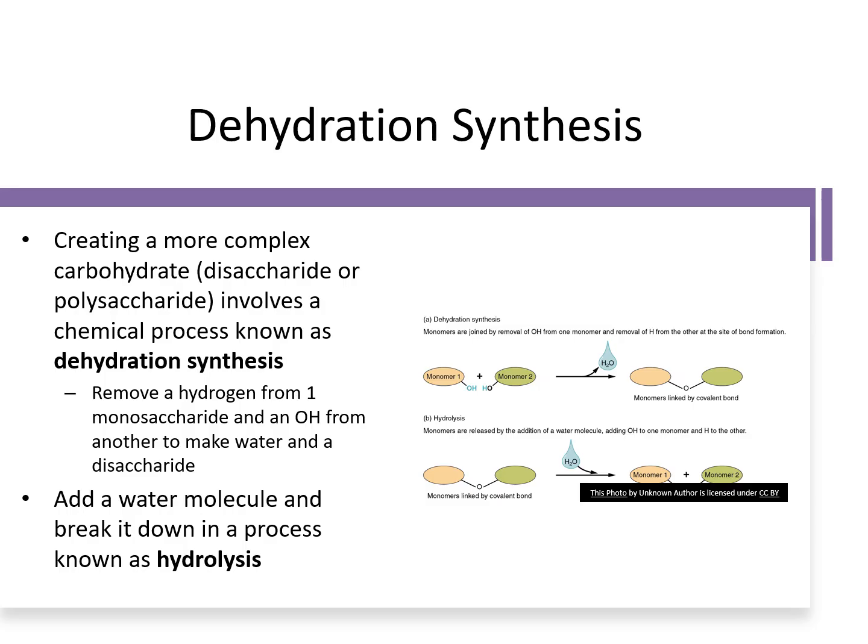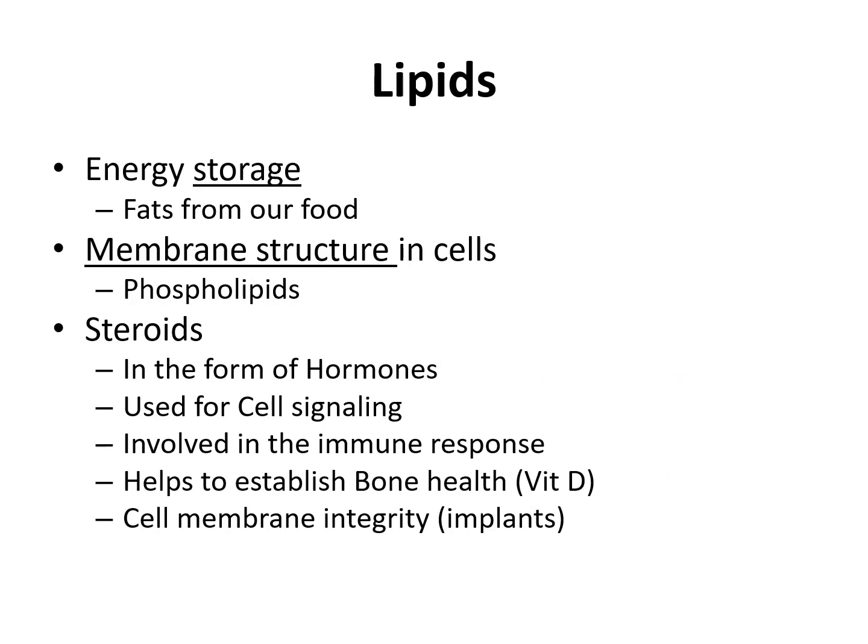If you want to break down a biomolecule, such as a disaccharide, you add that water back to it, and it will break that bond so that you have 2 individual monosaccharides. That process is called hydrolysis. So you're going to hear about these 2 processes over and over and over again: the making and breaking down of biomolecules in the body.